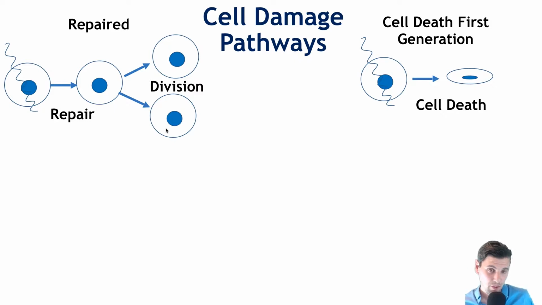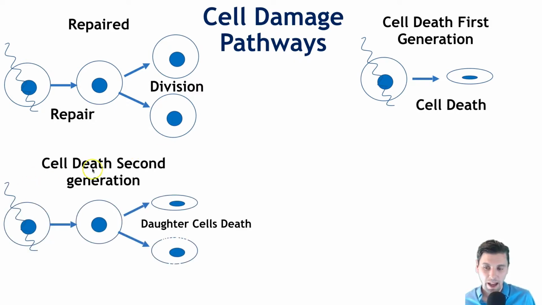If the damage is very significant, that could lead to direct cell death. That's the cell itself dying via, for instance, apoptosis, which is an induced cell death. Or we can have cell death in the second generation. This means the cell itself didn't die, but it still had enough damage that it couldn't reproduce properly, so those daughter cells then die.